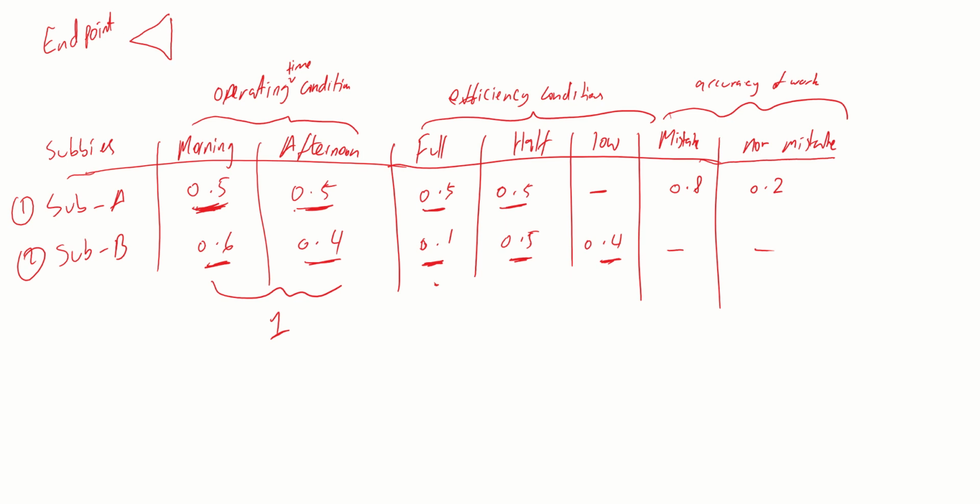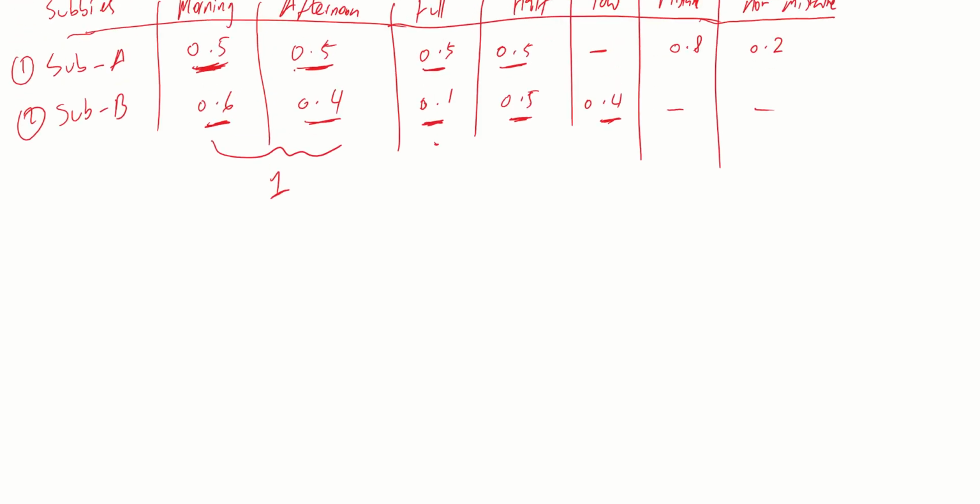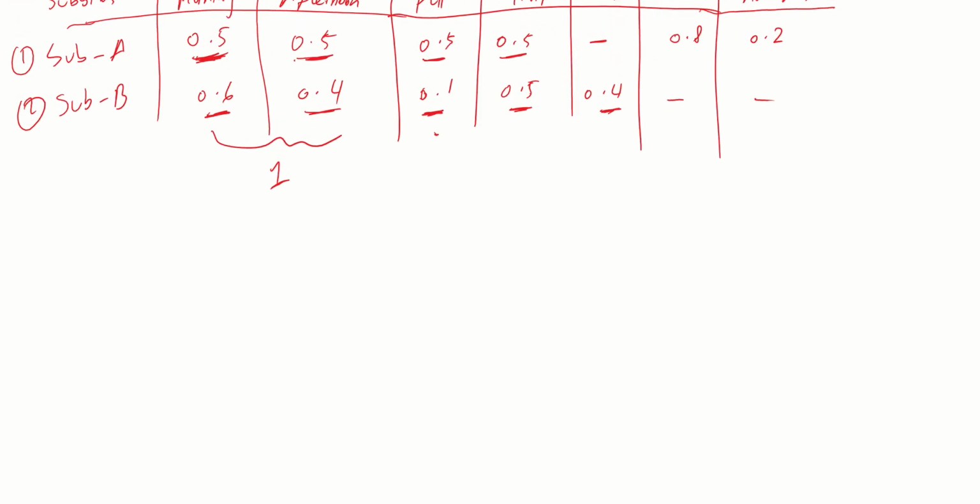So how do we construct the decision tree? Well, the first thing that we have to do, based on the information provided, is start off with a square, the decision node.